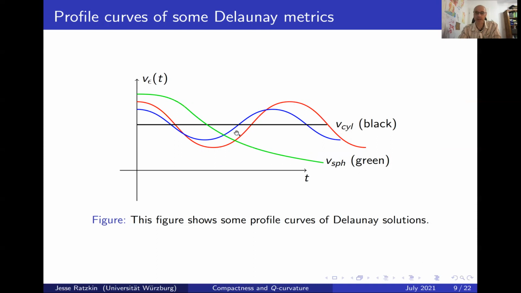This is the black horizontal line. In between, I have some nice periodic functions, this red curve and the blue curve, and we see that the red curve has a smaller neck size, a smaller minimum value, and it also has a longer period.